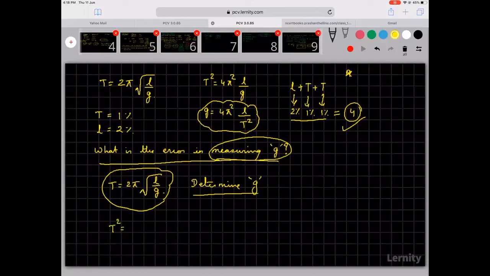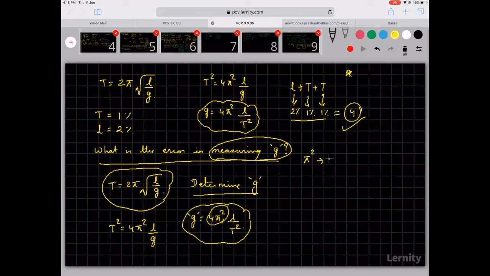T squared equals 4 pi squared L by G. Now I need a formula for G. So G is equal to 4 pi squared L by T squared. Then you want to find out the error in measurement of G. In 4 pi squared, pi is a universal constant, so there is no error.